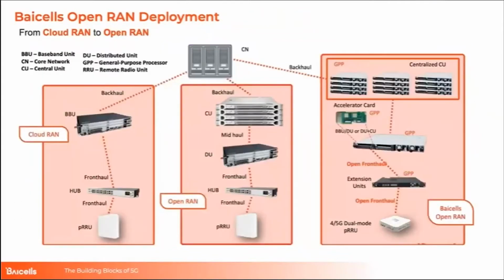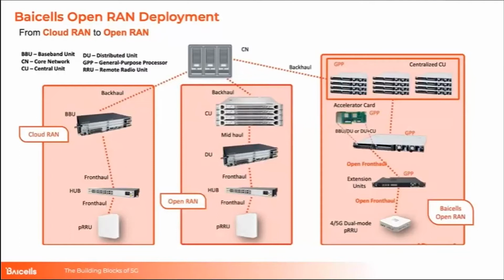This is how you see it in real life. This is our Baicells representation of Open RAN. You have the RRU, which is the RU. If you remember, we talked about this, which is the radio head. This will be installed on the ceilings or on poles. And then you have the GPPs right here.